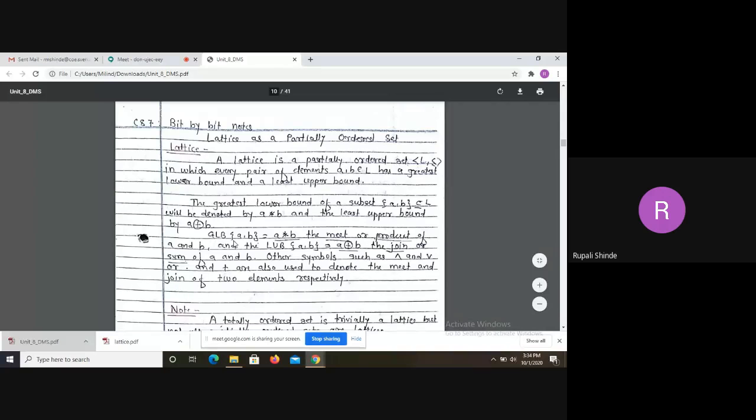The greatest lower bound of A and B equals A star B, because here we have seen the greatest lower bound is represented by this star symbol.